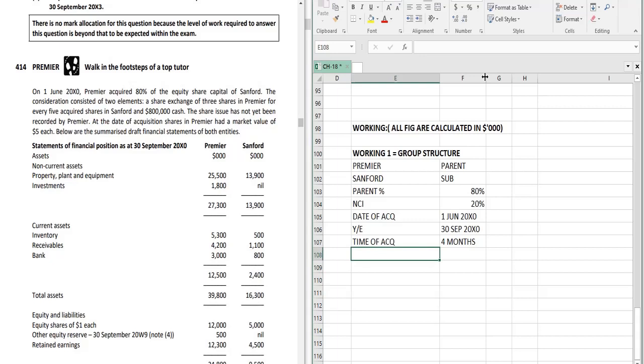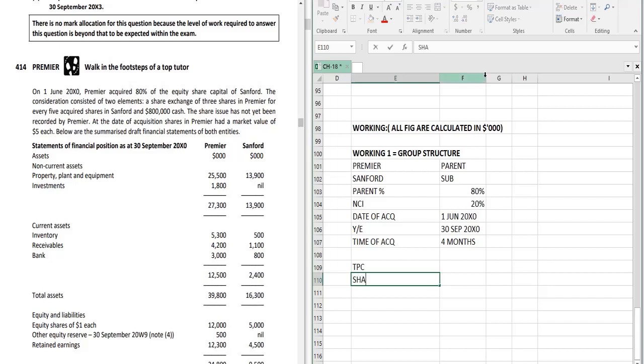Then we will read the question again. So on 1 June 20x0, Premier acquired 80% of the equity share capital of Sanford. The consideration consists of two elements: a share exchange of 3 shares in Premier for every 5 acquired shares in Sanford.